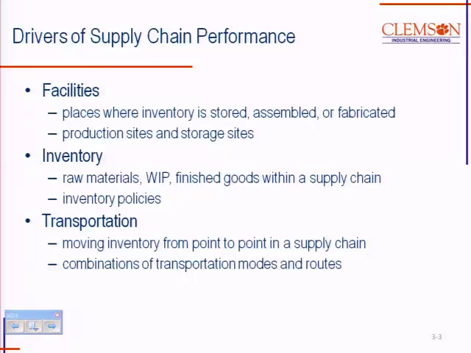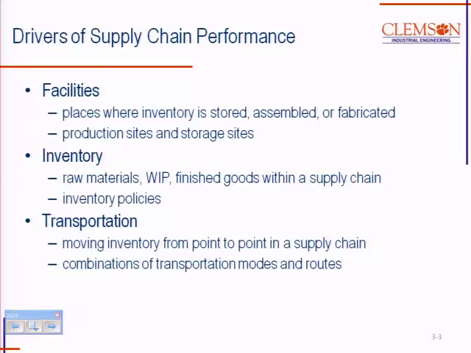Obviously, in a capital project setting, we have the actual site, but do we have intermediate places where we can stage work? Inventory exists in every supply chain to some degree. So raw materials, WIP, finished goods. And what kind of policies do we have in place to manage that inventory?